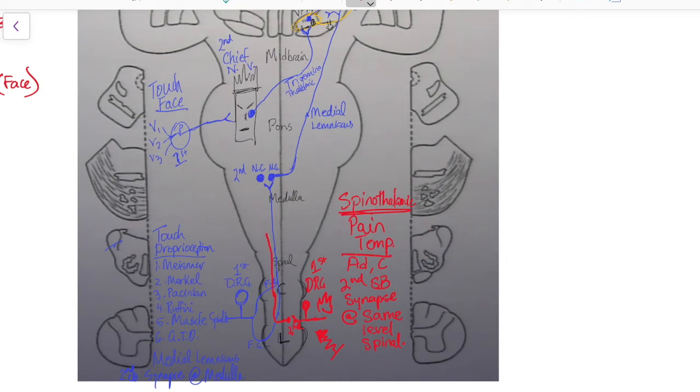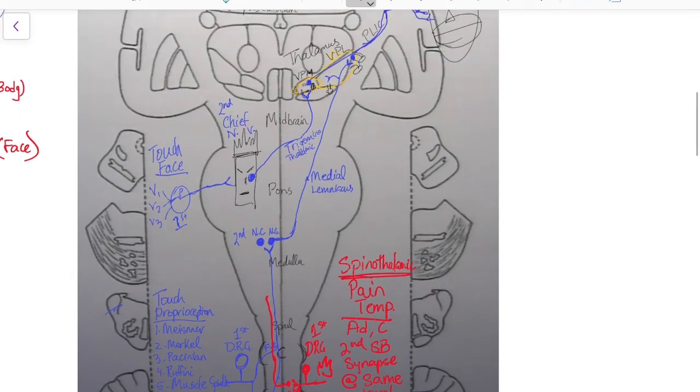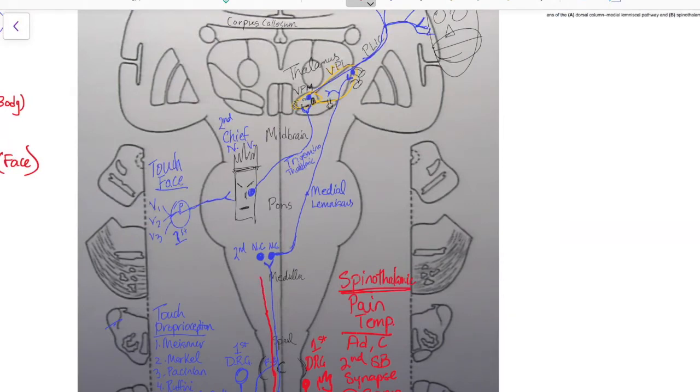Okay. And it will travel all the way up to our thalamus, to the VPL, because this is a body. And this will travel as the spinothalamic tract, and synapse here in the VPL.